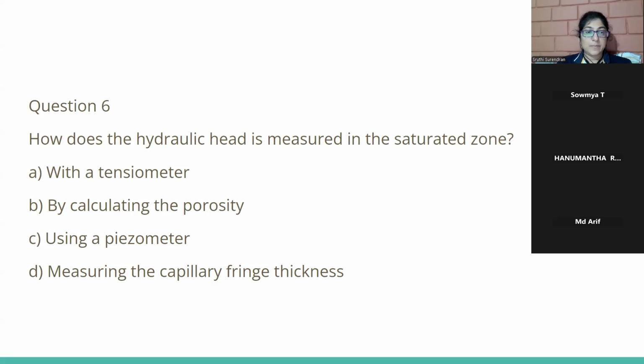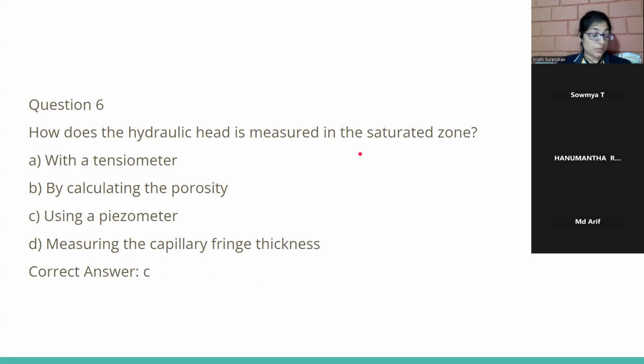Yes, so it is using a piezometer. Tensiometer is used for checking the pressure of soil water.